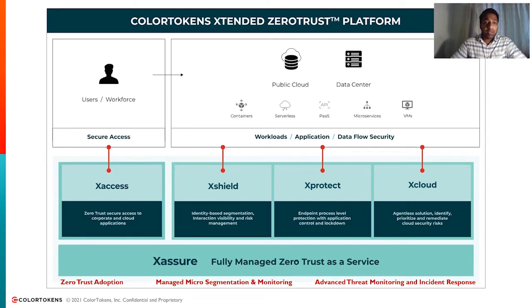For remote users, how they securely access applications residing within the public cloud and data center will be taken care of by ColorToken XAccess. XAssure is a zero trust as a service product, where we can have fully managed zero trust as a service. Those 5 products as a whole will help organizations adopt zero trust concepts. We will discuss these products individually in the coming discussions.